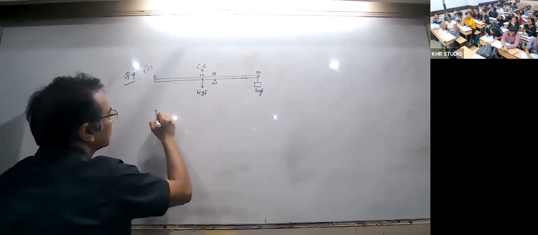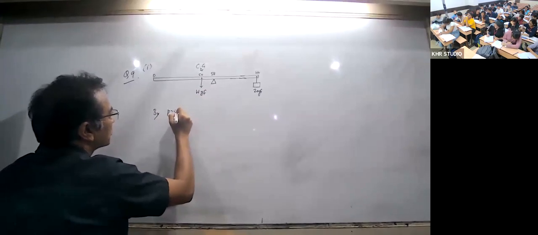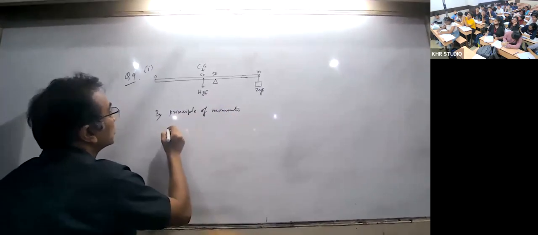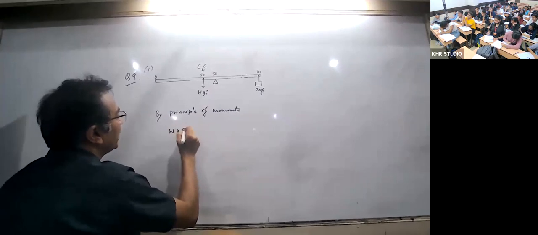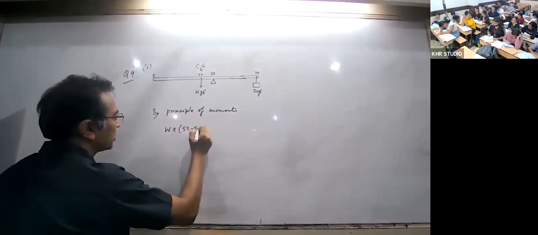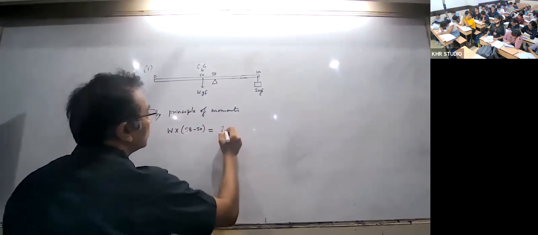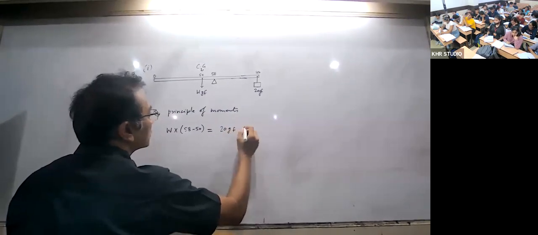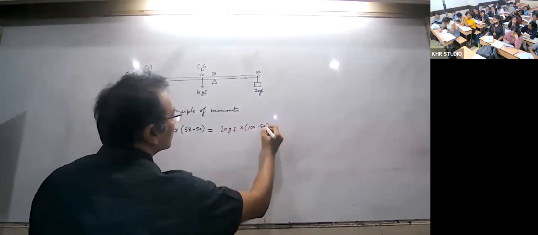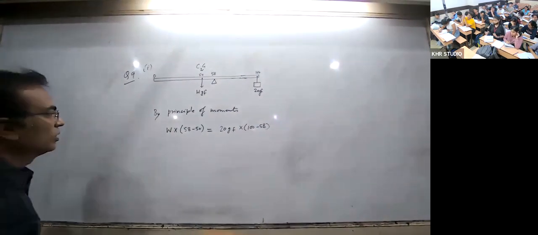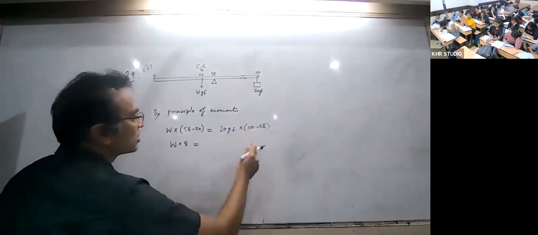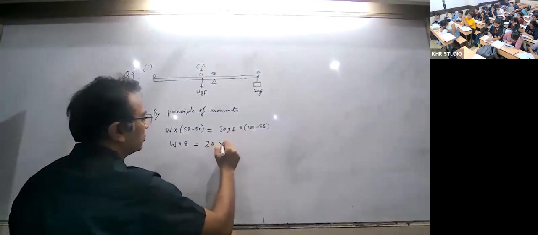So by the principle of moments, W into 8 equals 20 into 42, since 100 minus 58 is 42.